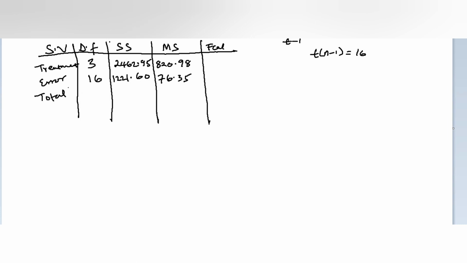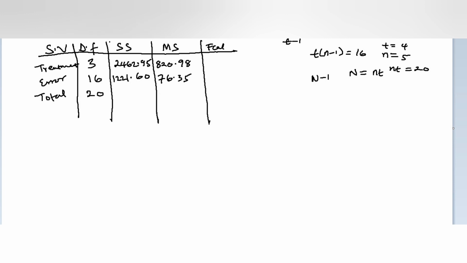So now we have what is called the total here. So the total for degree of freedom is N minus 1, and I told you that capital N is equal to NT. So we have T to be equal to 4 and n to be equal to 5. So NT is going to be equal to 20. So that means we have 20 here under degree of freedom total.